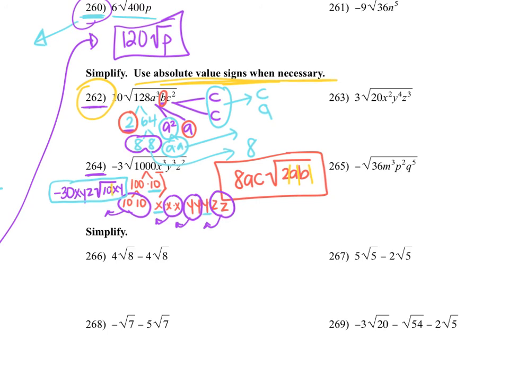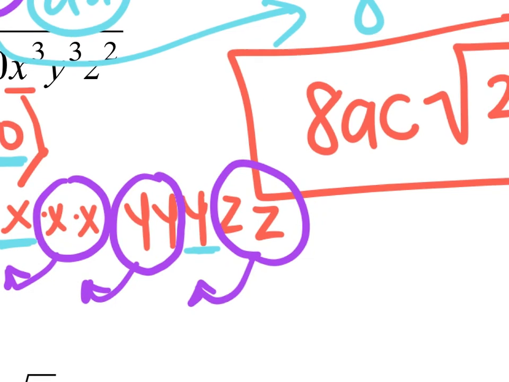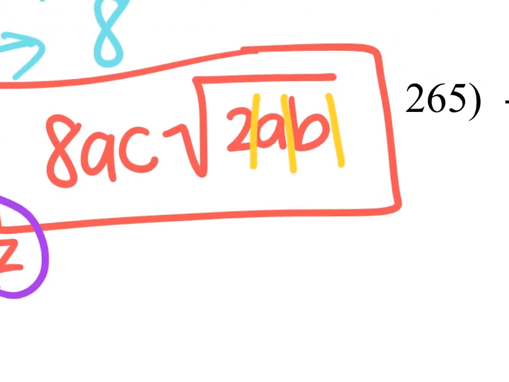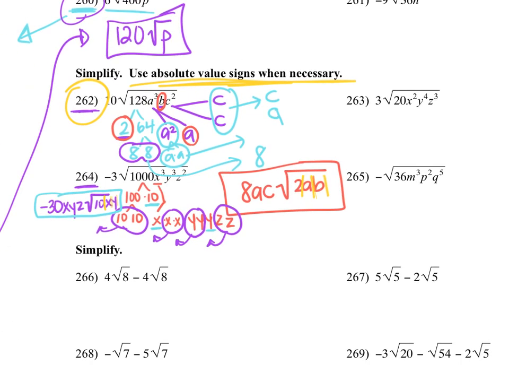So if it's by itself, we got to make sure that they are, oops, let me make this a little bit bigger. So my absolute value here, and then I would have an absolute value there and there. Okay, so now you get the idea.